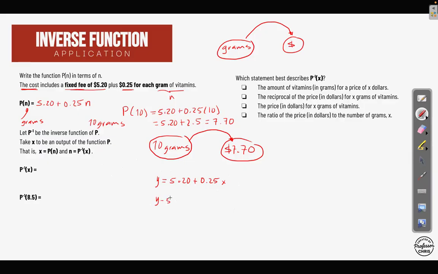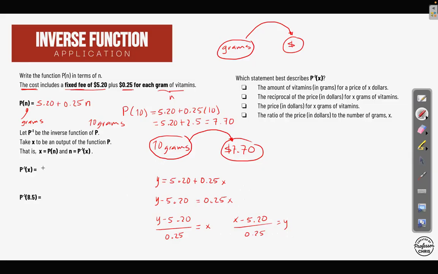Y minus 5.20 is equal to 0.25x. It'll become y minus 5.20 divided by 0.25 is equal to x. And don't forget, as a final step, we interchange the variables. X minus 5.20 divided by 0.25, that is your y.